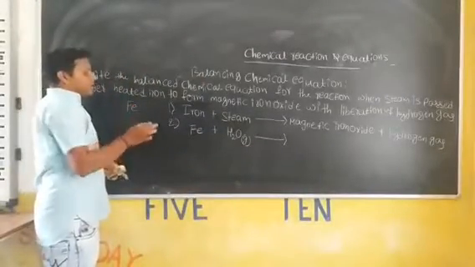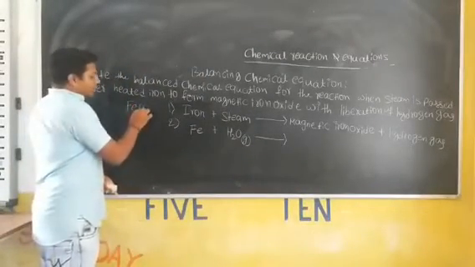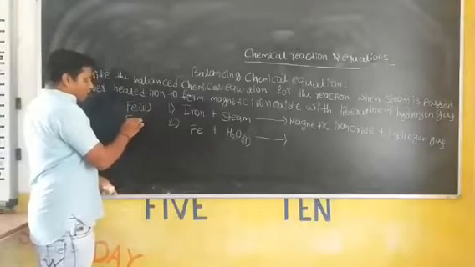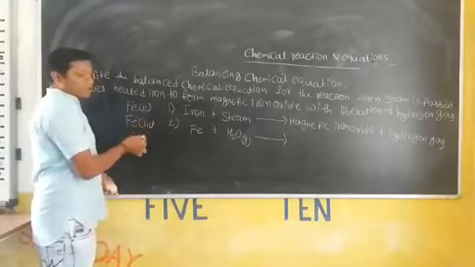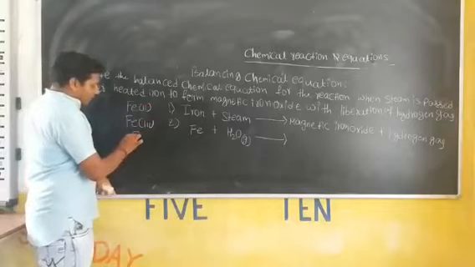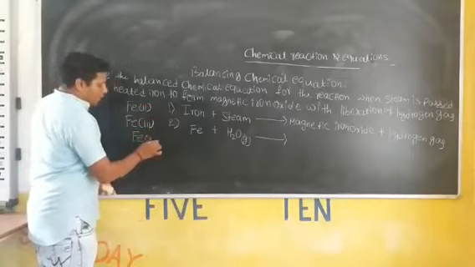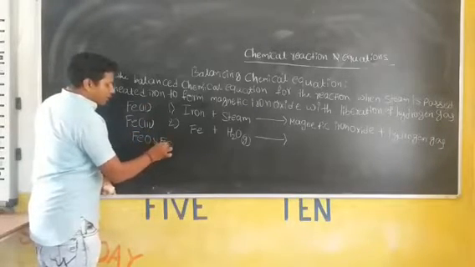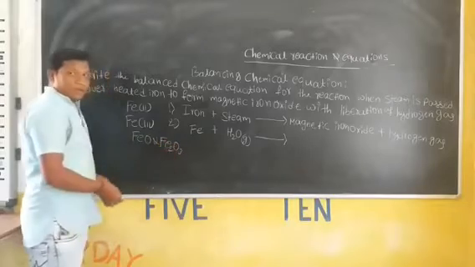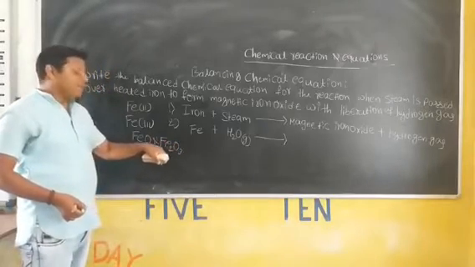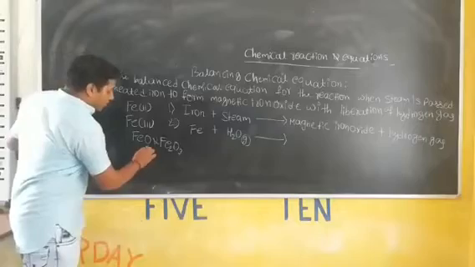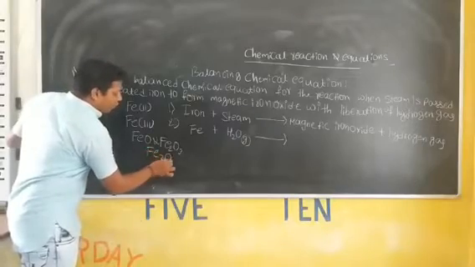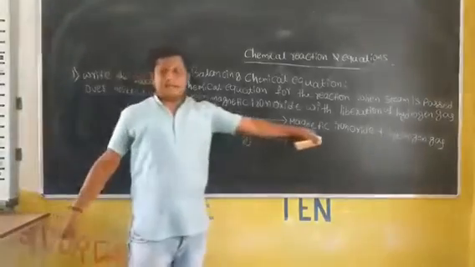We know that iron may be present in +2 form or in +3 form. That is FeO and Fe2O3. When FeO is combined with Fe2O3, it produces Fe3O4. That is nothing but magnetic iron oxide.